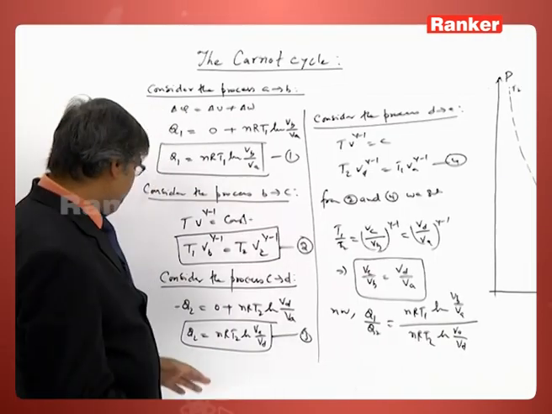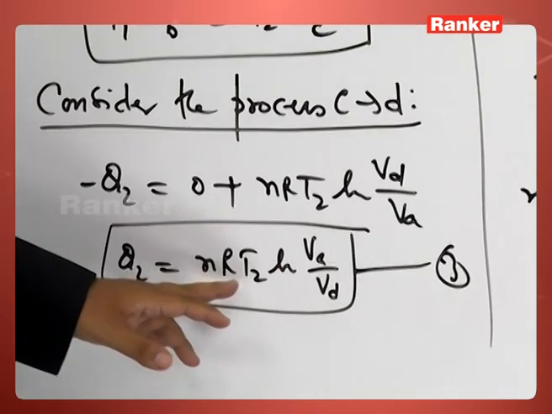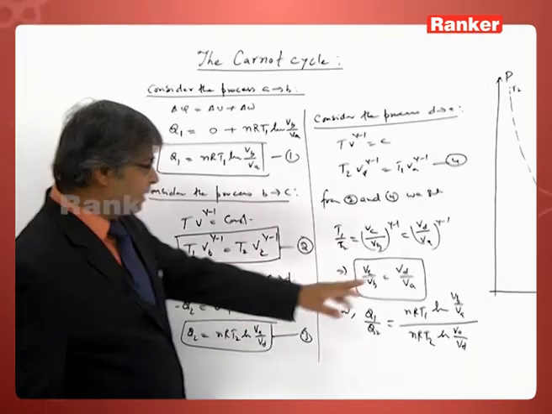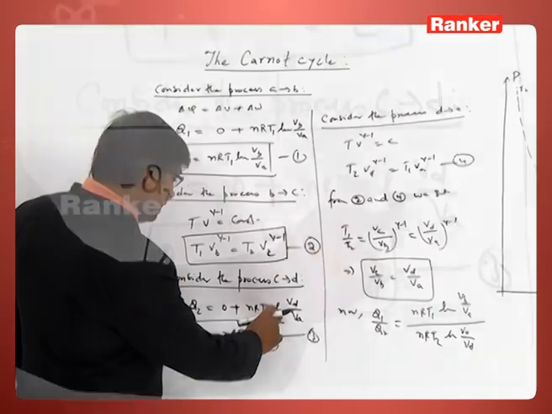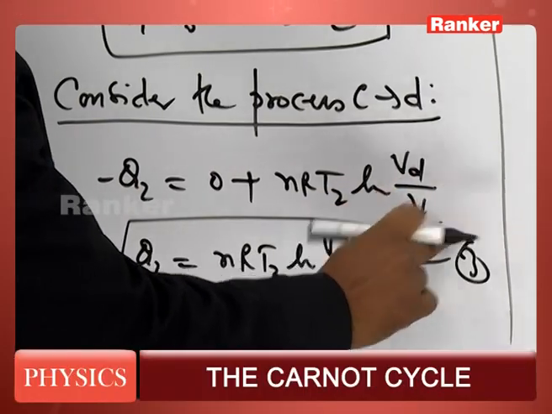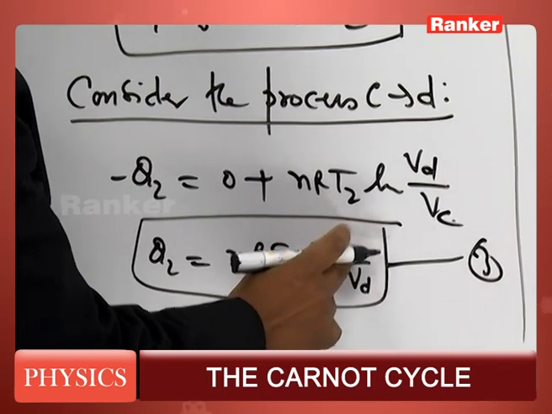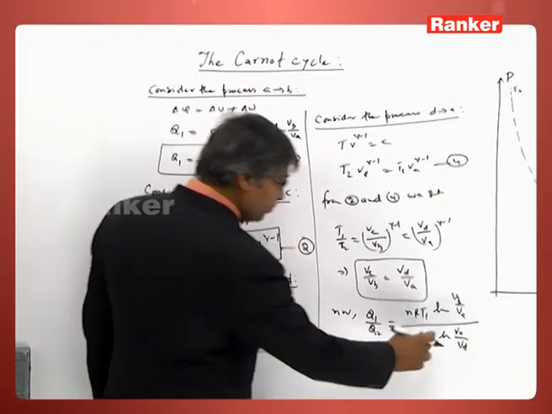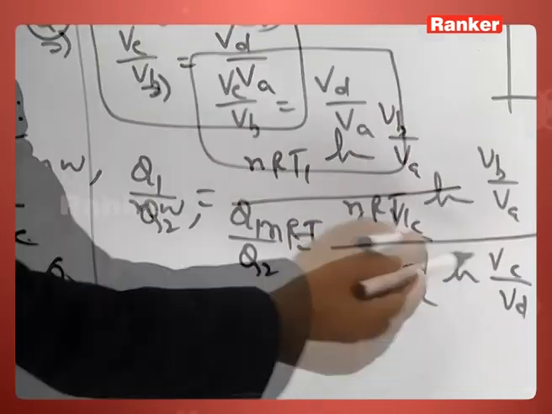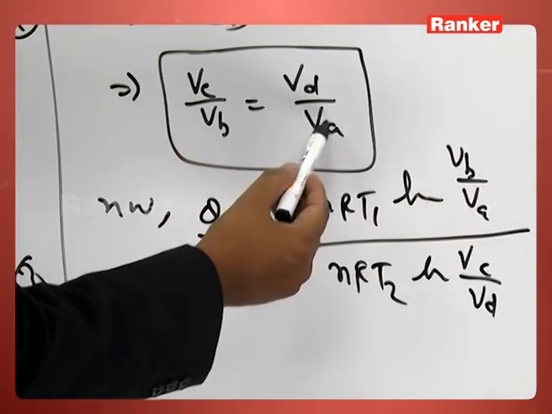So now you see, here small Q2 is equal to nRT2, this is from C to D, Vc to Vd. Let us replace this Q2 as Vc by Vd is equal to Vb by Va.